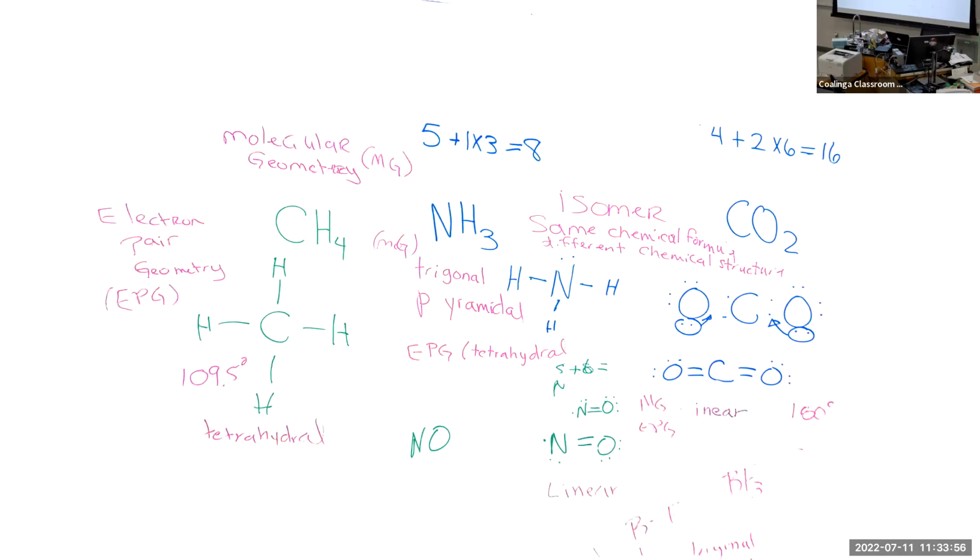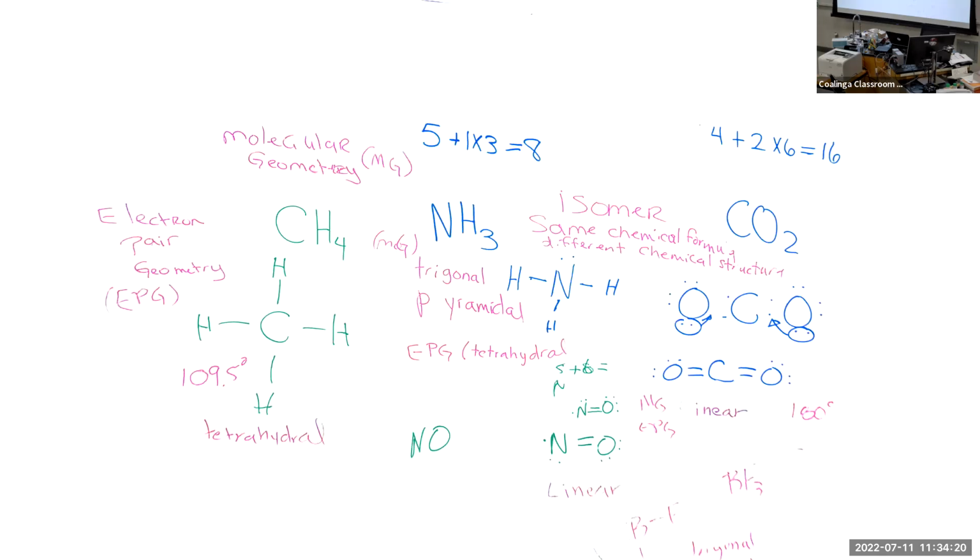Okay, so this guy would be trigonal planar. It's all in the same plane, but there are 3 sides. Planar, 1, 2, 3, trigonal. Okay, so let's see. So that would be it.